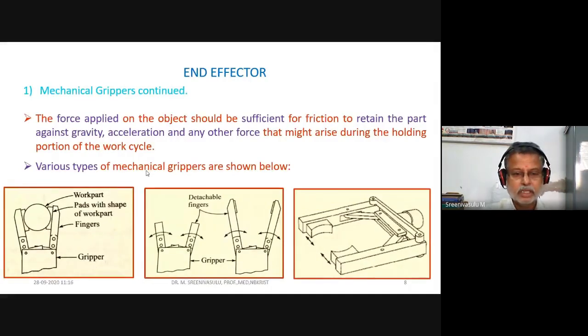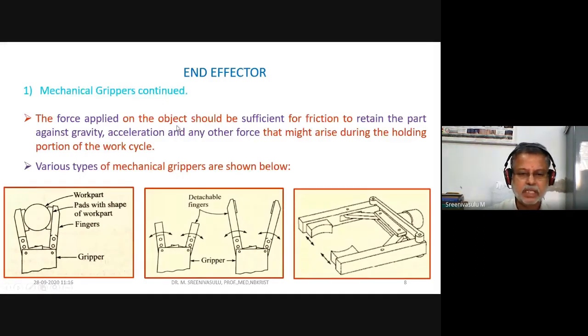See, how much should the force applied on the object be? It should be sufficient with respect to the friction such that it retains the part. So how do we quantify that? That quantification has been given here. Because when you move the object, it is moved against gravity, and it is moved with a particular acceleration.